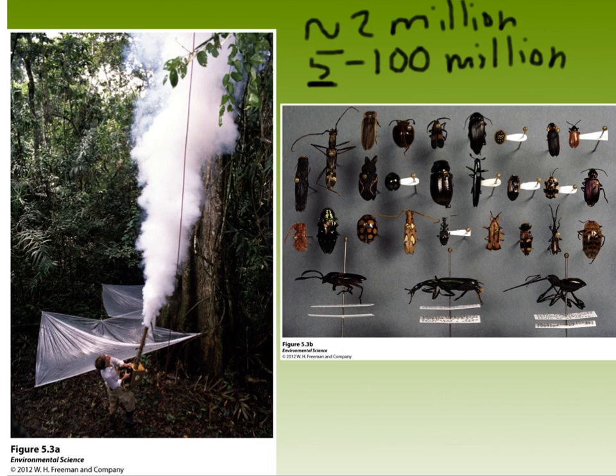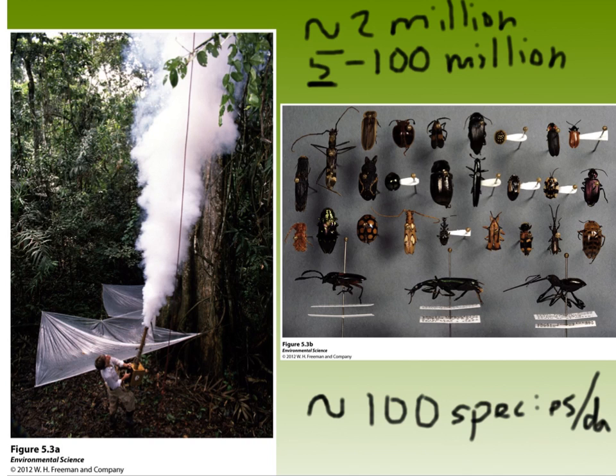Probably most scientists think it's 30 plus million. And then remember, we're seeing an extinction rate that's higher than normal, about 100 species going extinct per day.